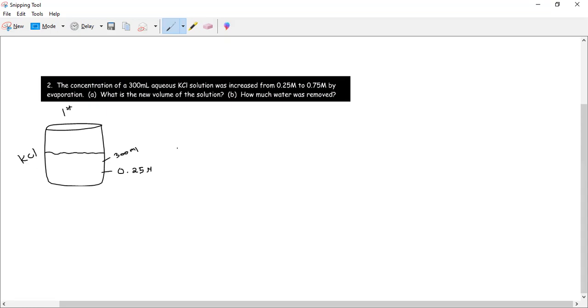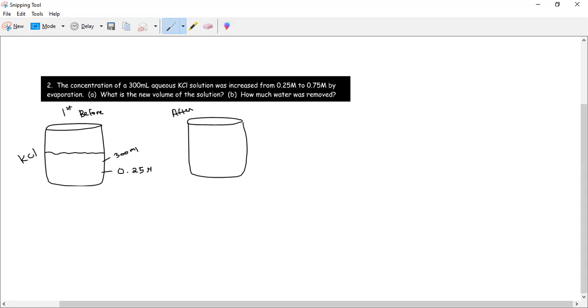So the second, as you can see, we're still talking about the same container and the same solution, but we're depicting this as before and after.